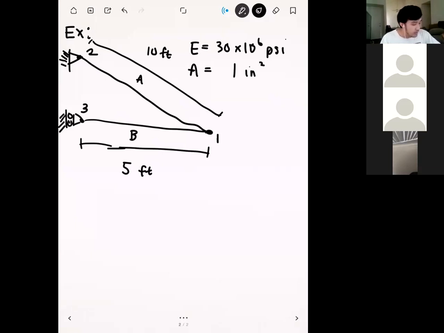Okay. Just like we did in the previous example, what we're going to solve for are the nodal displacements. And then we're also going to solve for the stresses in each element.